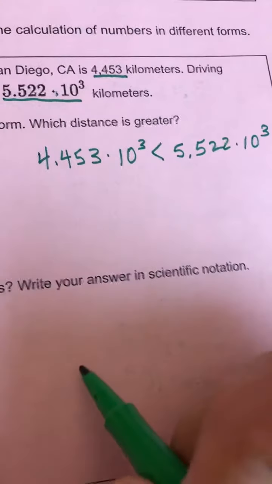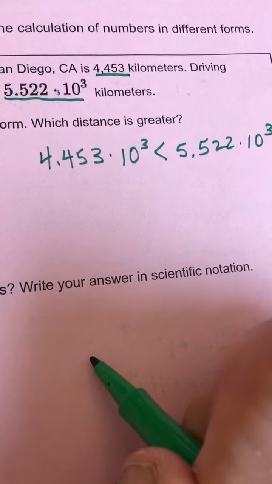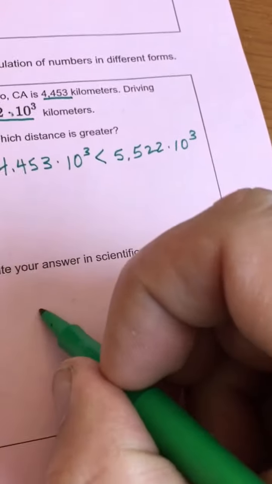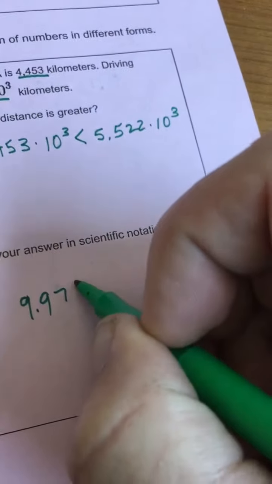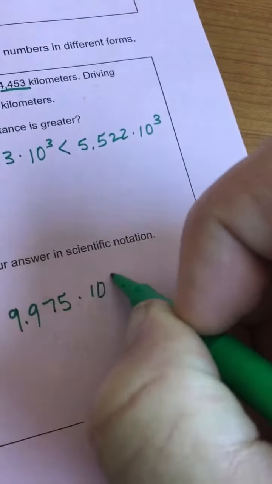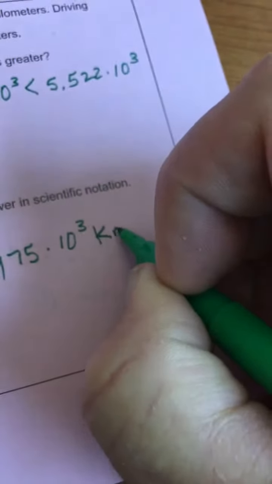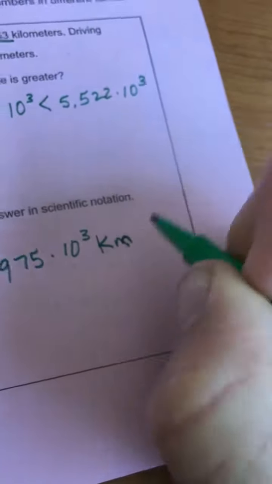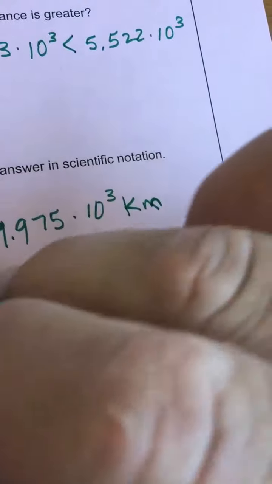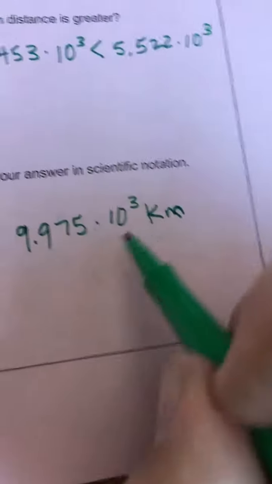That would be 9.975 times 10 to the third. And this would be in kilometers, so I was really looking for a km here, because that's the sum of the two distances. You just had to write it in scientific notation.